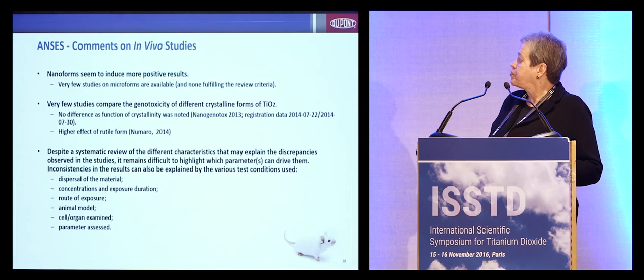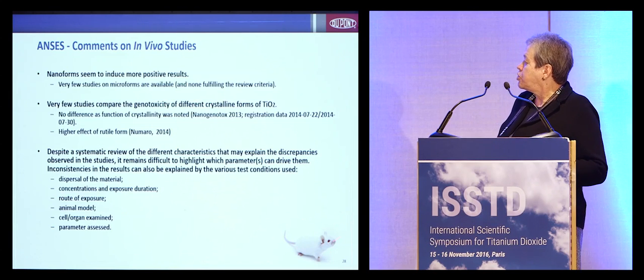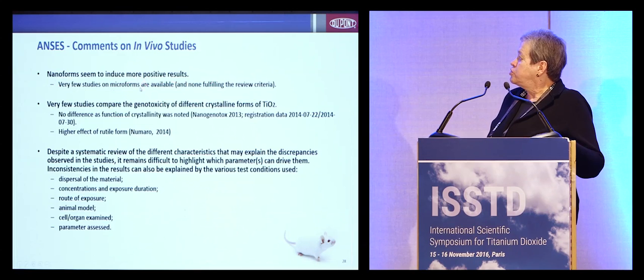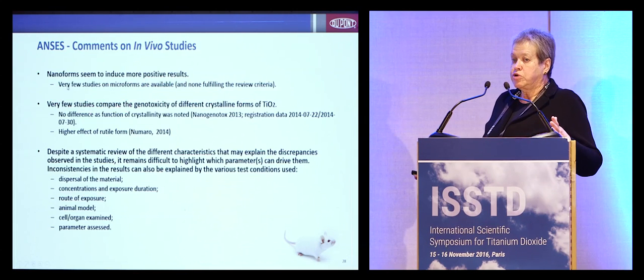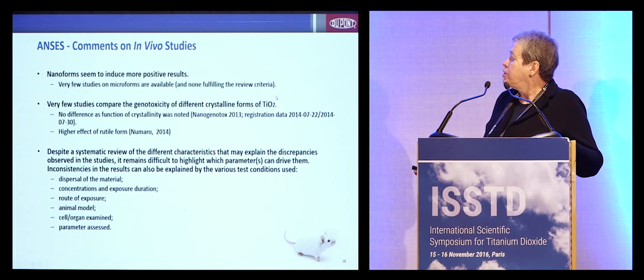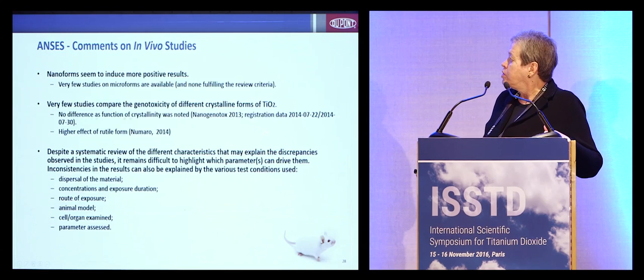In vivo studies, which are indicated by a little rodent down here in the corner, nanoforms seem to induce more positive results than non-nanoforms. Very few studies on microforms were available, and none were fulfilling the review criteria. Very few studies compared the genotoxicity of different crystalline forms of TiO2.